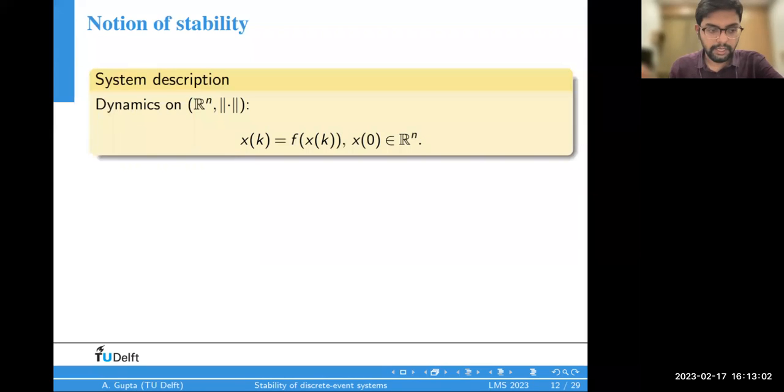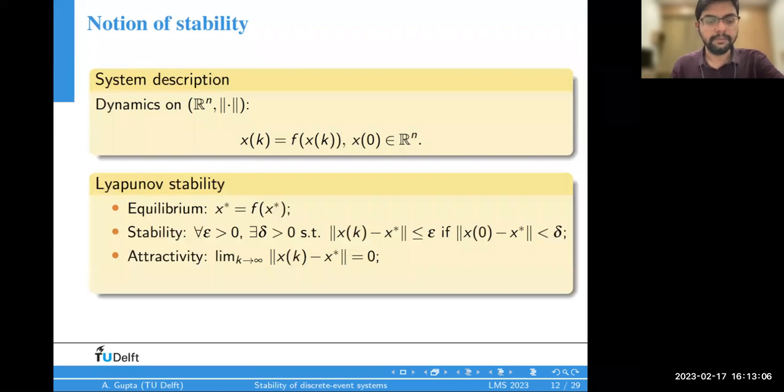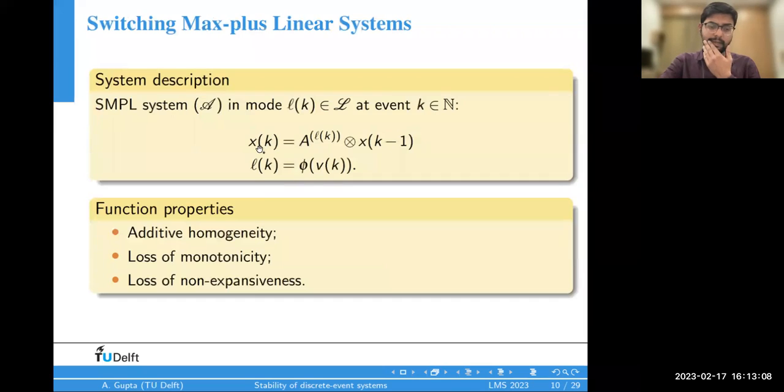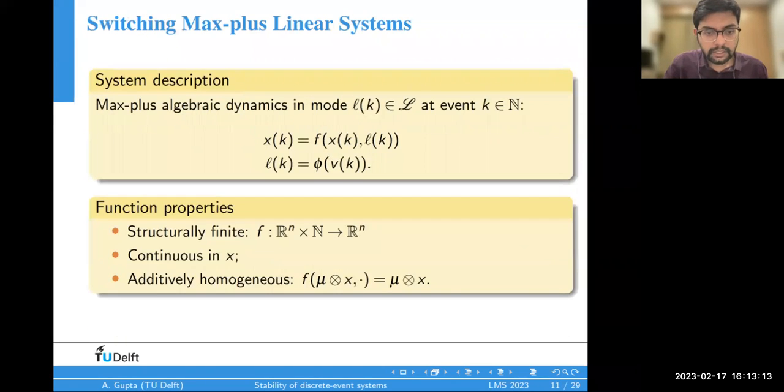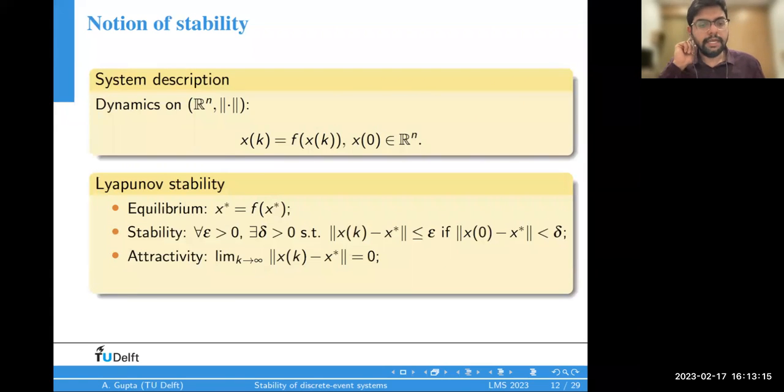They again originate from mechanical and engineering applications. The idea is simple. We have an equilibrium point x star with respect to which we study stability. And this equilibrium is an invariant property, right? So if I start at x star, I will remain at x star at all times.